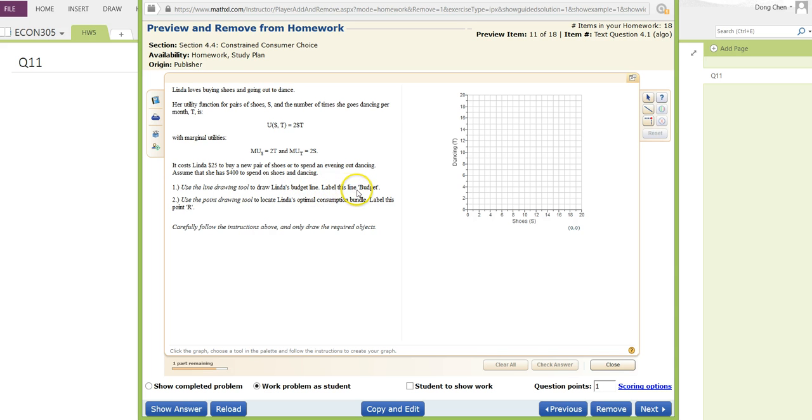Label this line budget. If we look at the setup, she has $400. That's her income. And the price of shoes is $25, and the price of spending an evening out dancing is also $25.